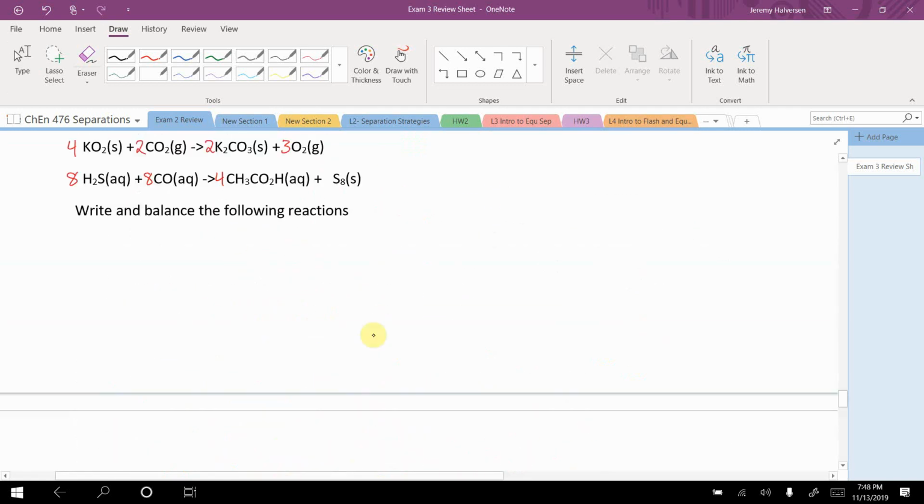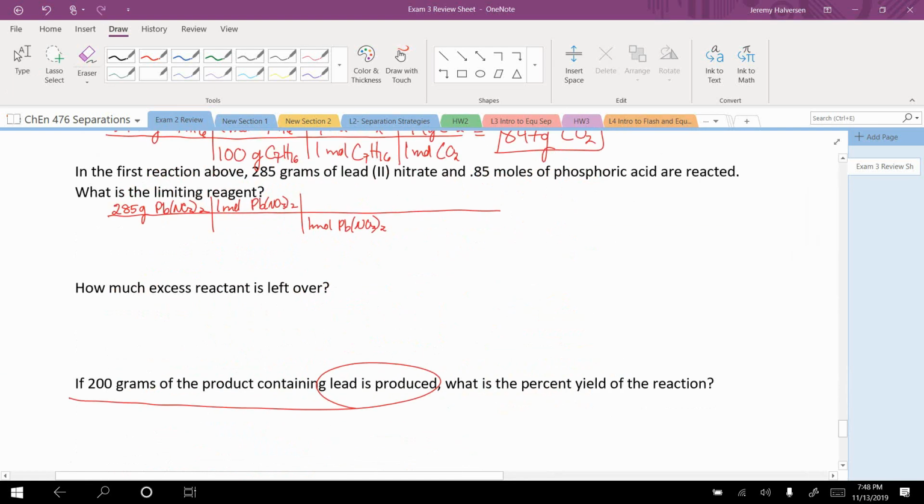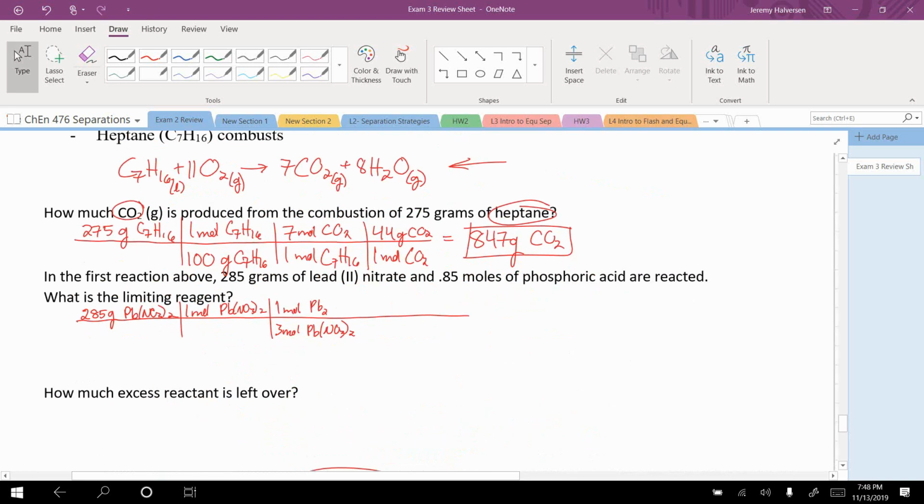3 moles of that goes to 1 mole of Pb. Okay. So you're looking at 269. And do you know about the other one? It doesn't have the nitrate.